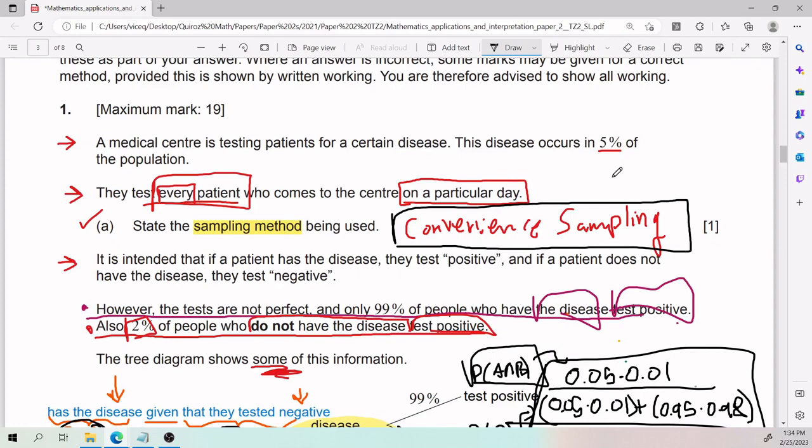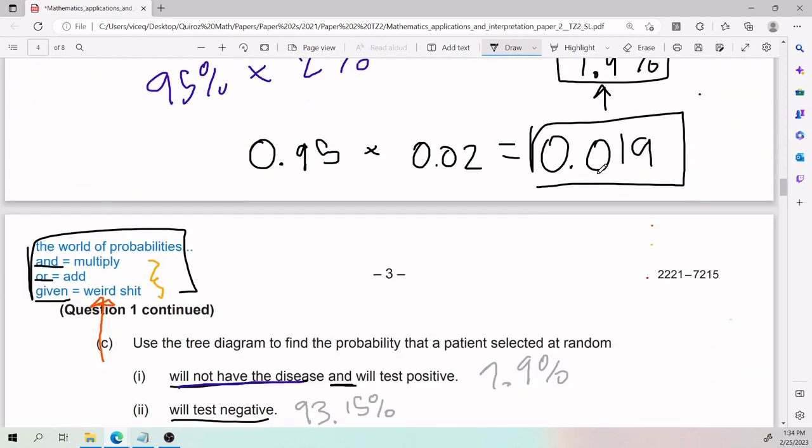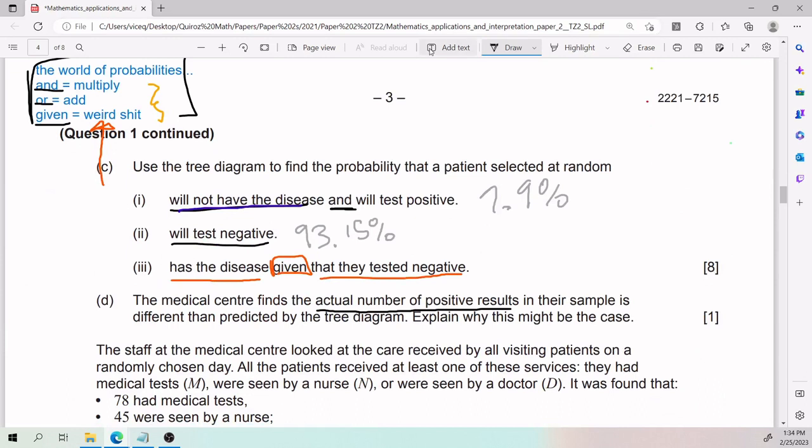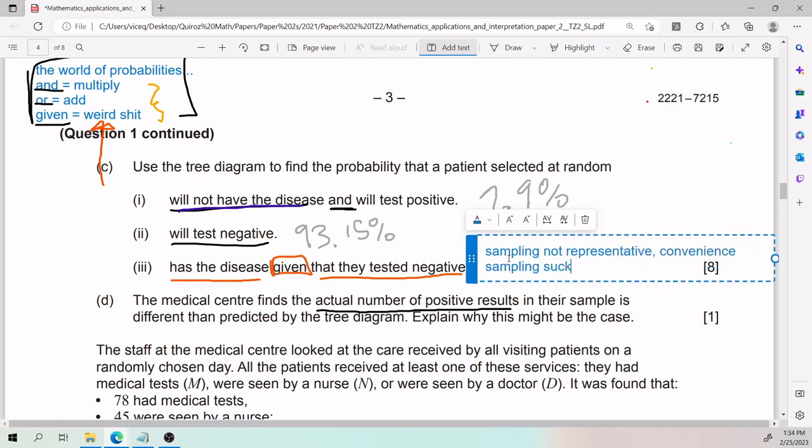So you can immediately say that because the sampling method being used is convenience, the sample is not representative. You can say here, sampling not representative, convenience sampling sucks. You would use other words, but that's the main idea.